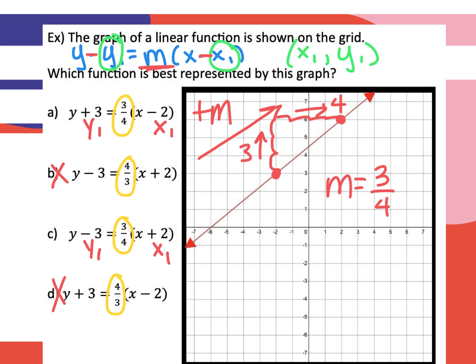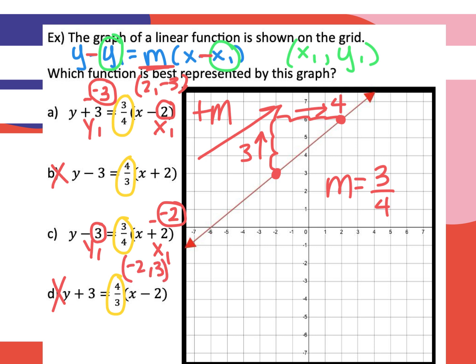So if this was originally a minus, then minus minus becomes a positive, right? So my y here is a negative 3. I'm not going to worry about the minus there. So this coordinate is 2, negative 3. Same thing down here. I already have a minus, so here's my y. This is a positive, so minus a negative 2 is my x, so negative 2, positive 3.